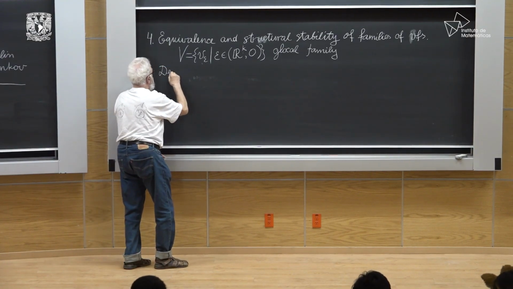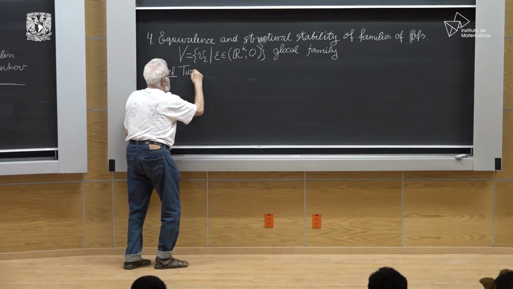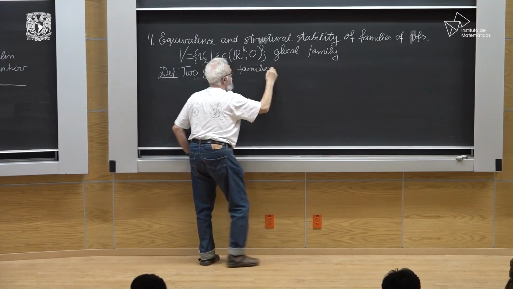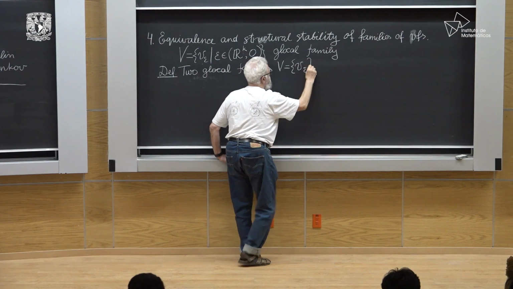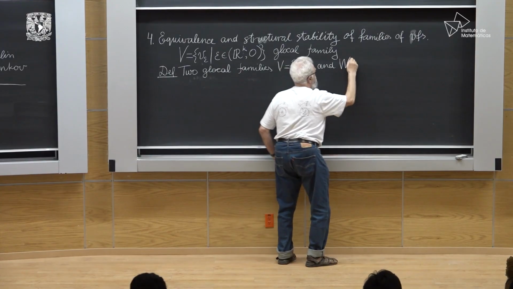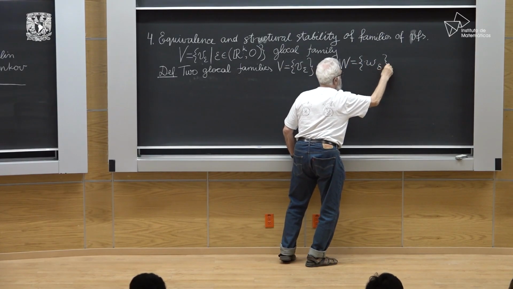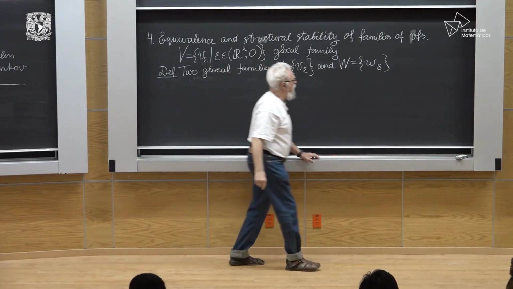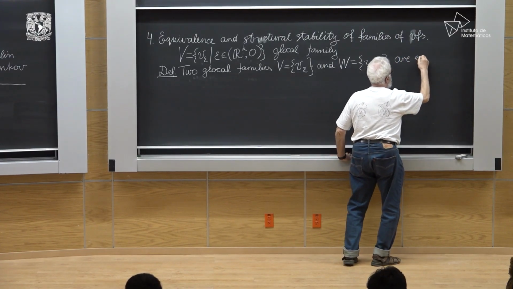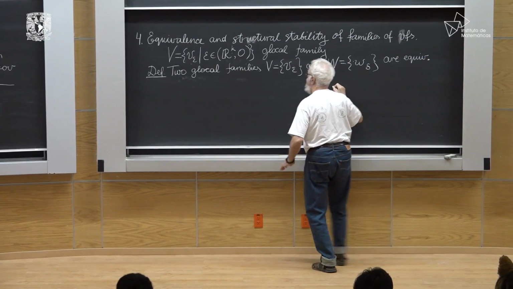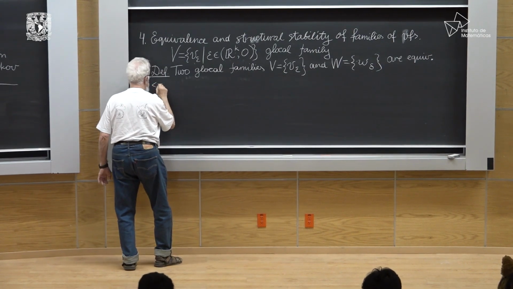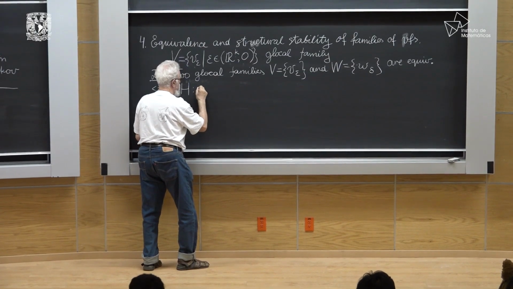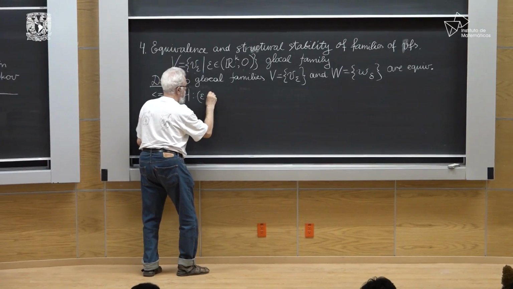So by definition, two glocal families V, which is a set of V epsilon, and W, which is the set of W delta, with the bases, this is called base of the family, with the bases of the same dimension, are equivalent, I abbreviate, equivalent, provided that there exists a map H which brings epsilon x.